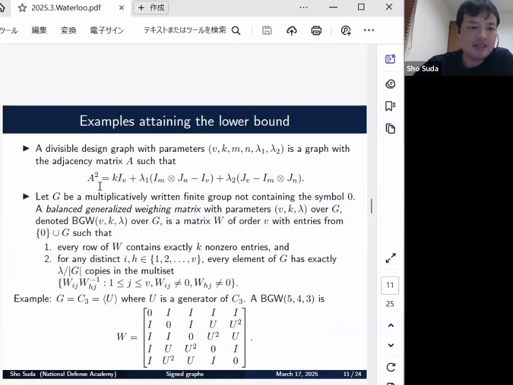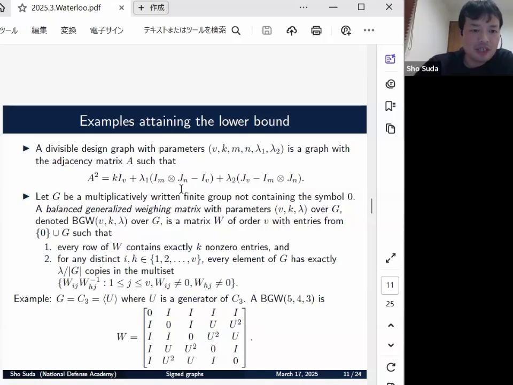If we consider A squared, this matrix can be written as a linear combination of the identity matrix I_v and the tensor product I and J, where the order of the identity matrix here is m, and the order of the all-ones matrix here is n, and also the all-ones matrix of order v.